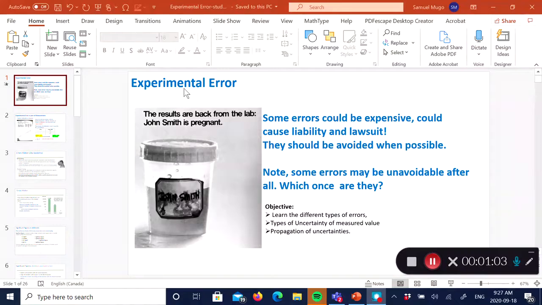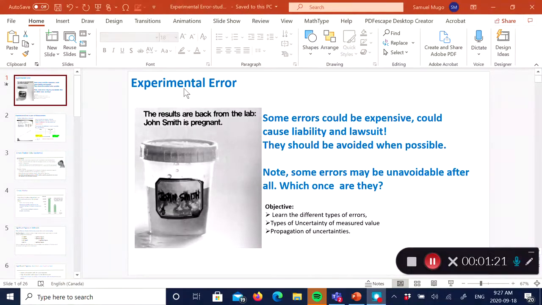So take note of this, while some errors can be avoidable, others cannot be avoided and they can only be quantified. So in this lecture, we're going to talk about which are they that can be avoided and what cannot be avoided.